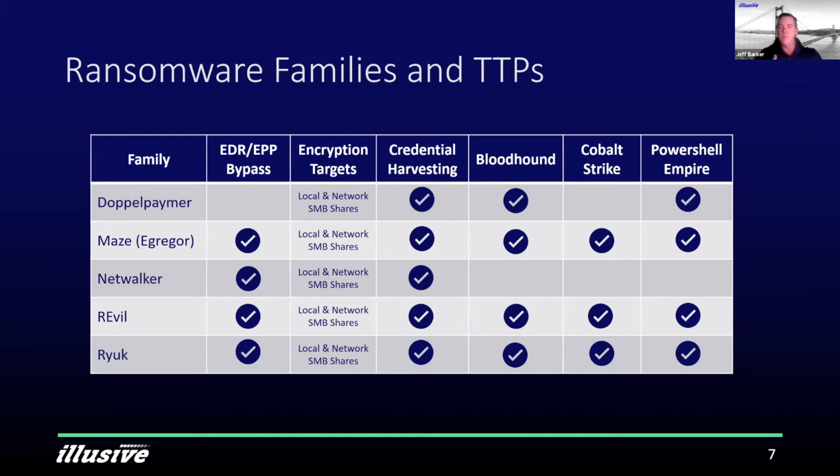So the message for me here is, hey, I don't have to deal with every single ransomware family differently, and I don't have to have a unique strategy for each ransomware family. If we have an answer for these things, then I'm in a lot better shape.